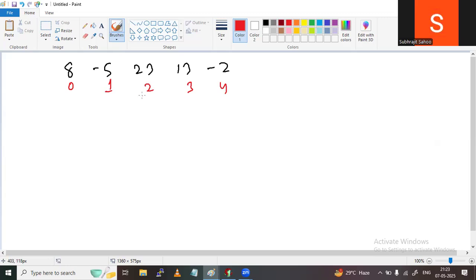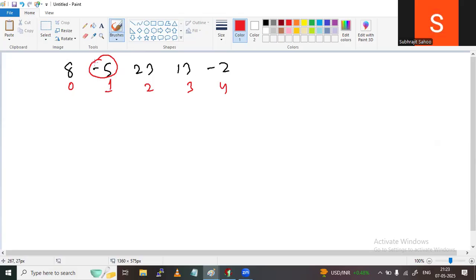Here I told you I will not sort index wise, I will sort element wise. But the index is required here. I will take minus 5 first. If I take 8, in insertion sort I always compare with the left side, but to the left of it nothing is there. So I will take minus 5, at index 1.